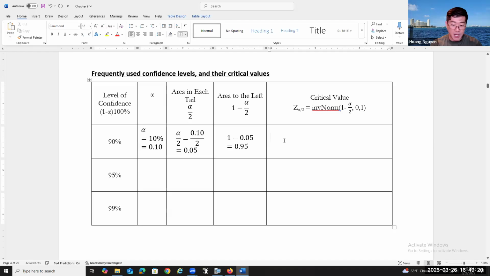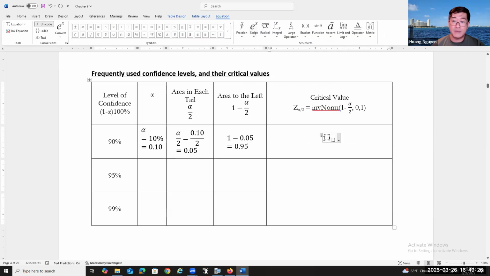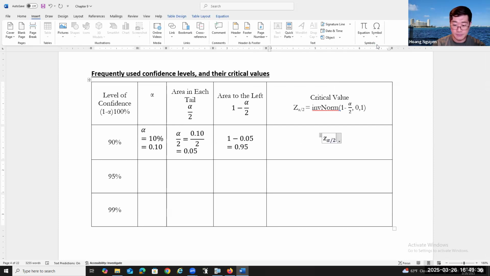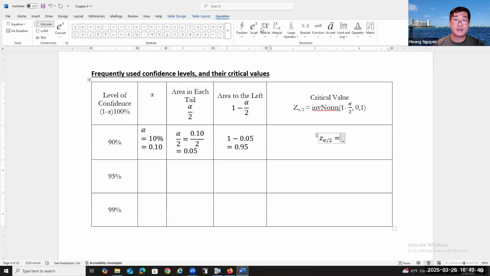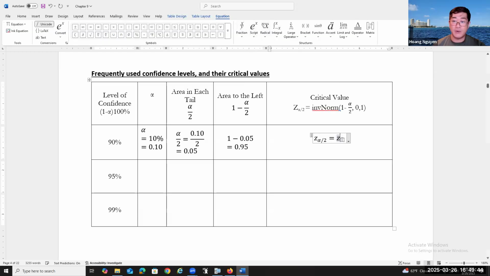Now we are ready to plug into the calculation of Z sub alpha over 2. We just found alpha over 2 is 0.05.